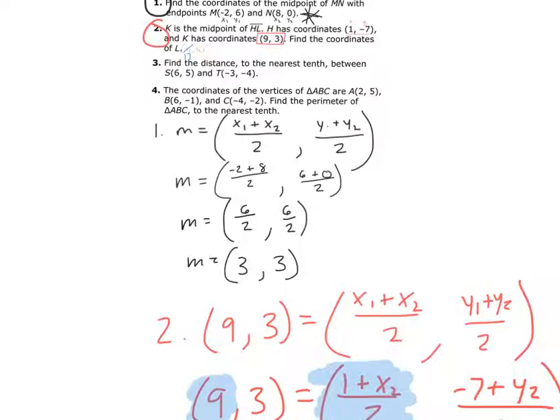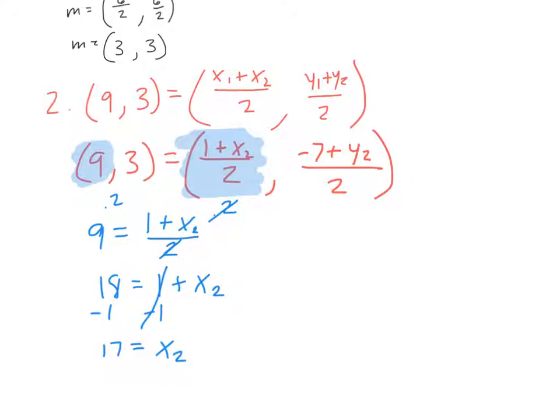But now we need to find y2. So we have the y coordinate for the midpoint that's given. And then we have a formula for the y coordinate. So we can set these equal. So we have 3 is equal to -7 plus y2 over 2. And we do the same thing as we did for the last one. To get the 2 out of the bottom, we multiply by 2 on both sides of the equation, so these 2's cancel out.